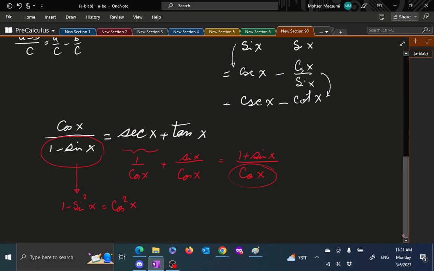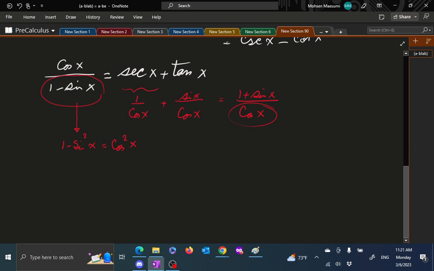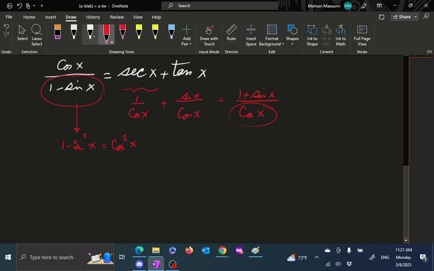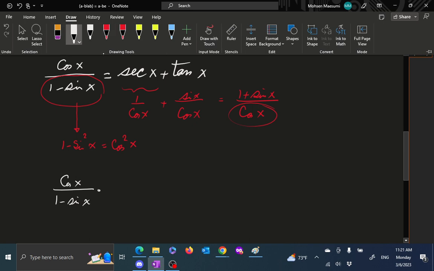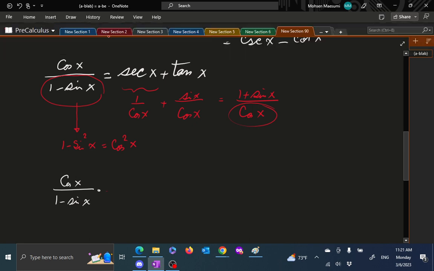Many ways of doing this, and one of them is just to go ahead, take your problem. So we have cosine of x over 1 minus sine of x. We take this thing and multiply it by something so that the denominator will become the same. And what is that something? That's 1 plus sine of x.